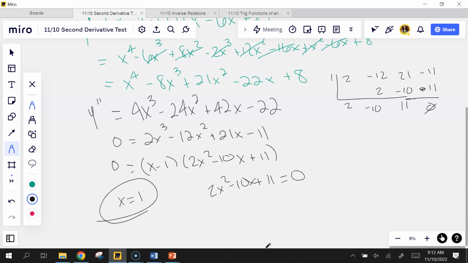I don't think that's going to work, though, because then you get 4x minus 10. But that's not one of the zeros. I don't think we have any choice, y'all. We might as well just do it.